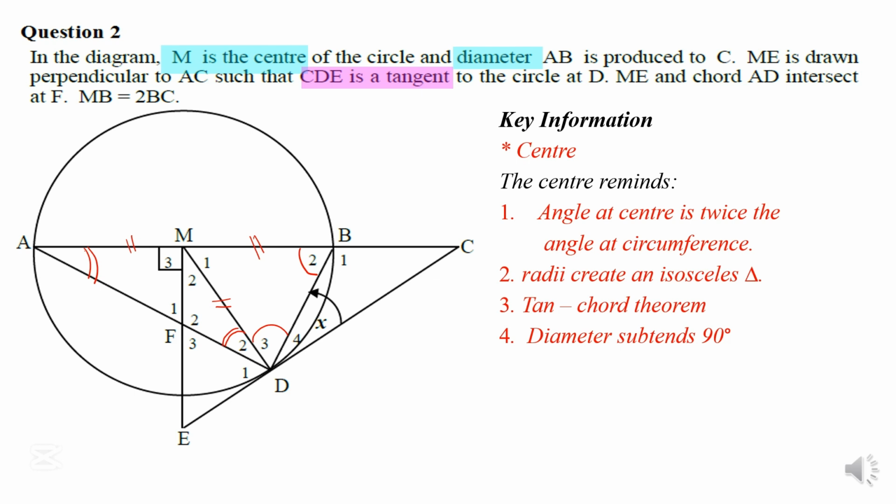Now, the tangent tells us about the tan-chord theorem. It is very critical, and I must know in my thoughts how to identify angles that are equal using the tan-chord theorem. So with the tan-chord theorem, you look for a triangle, and there is one line touching one vertex of the triangle.